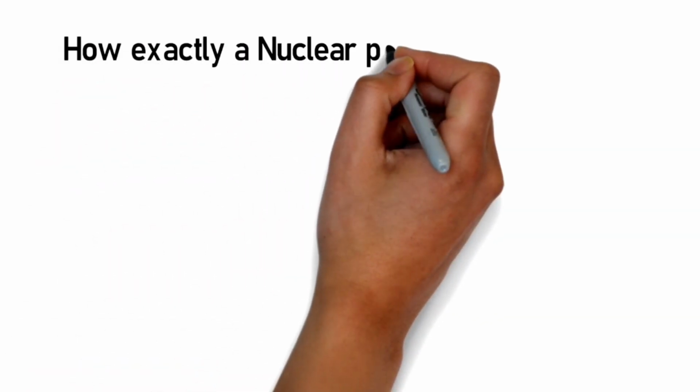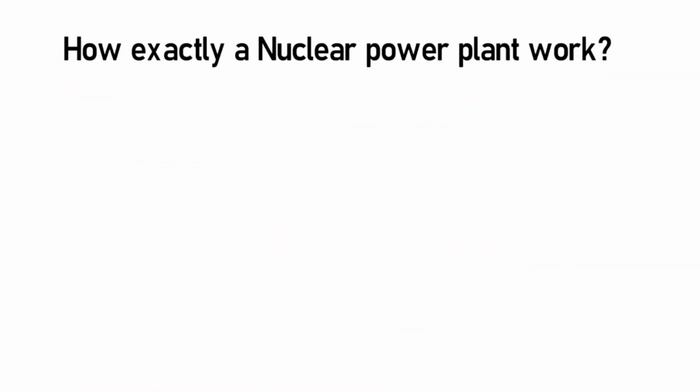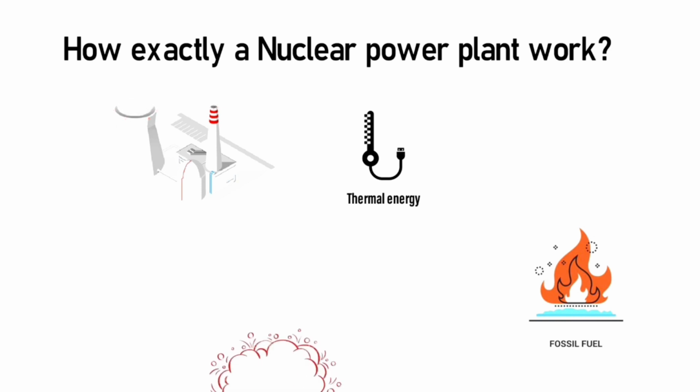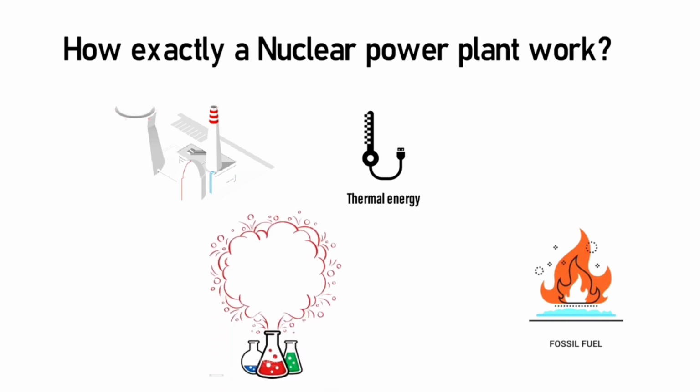But exactly how does a nuclear power plant work? The way a nuclear power plant works is similar to a conventional thermal plant, where thermal energy is obtained through the combustion of fossil fuels. In a nuclear reactor, however, this energy is obtained via nuclear fission chain reactions of the uranium atoms from the nuclear fuel.